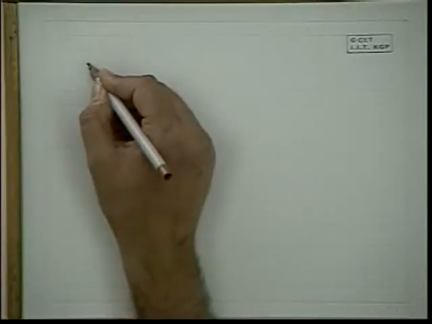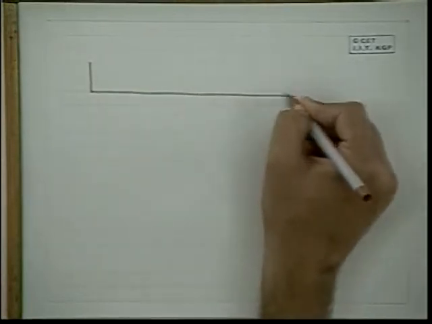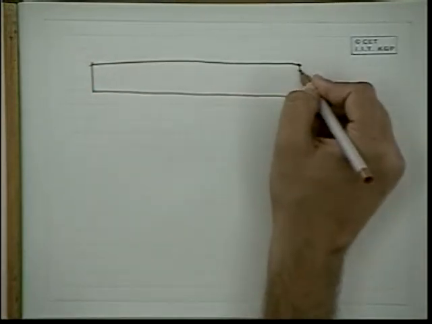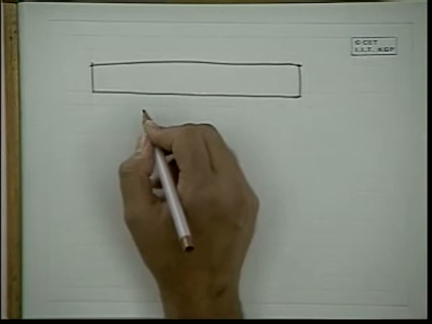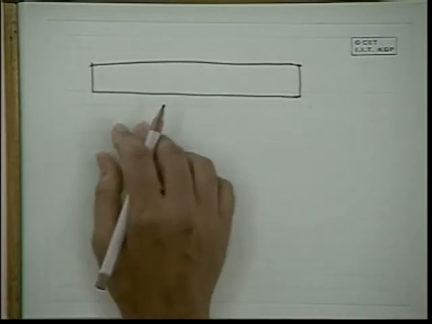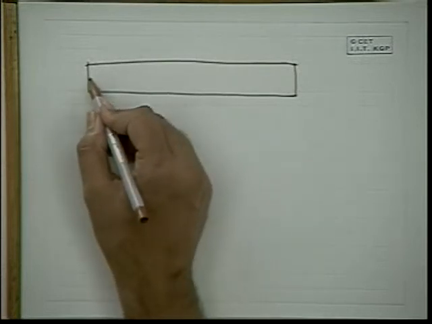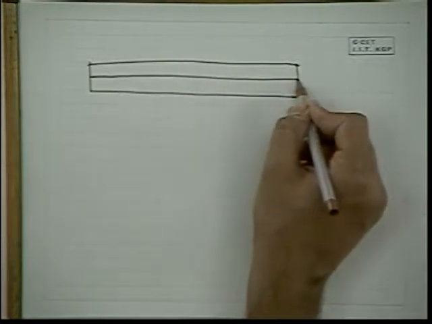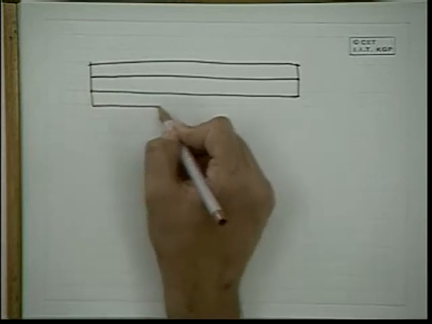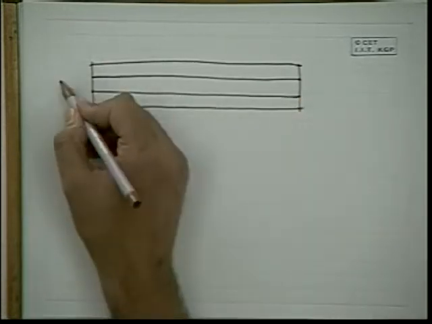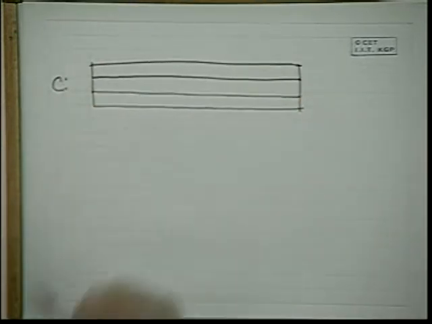Modifications are, first of all, the C array. We will declare this as an array of structures now. So this is the array C, array of structures.